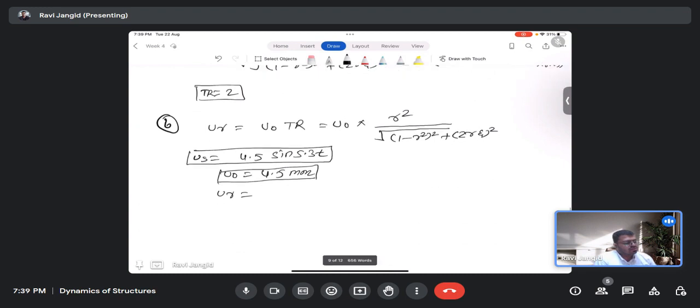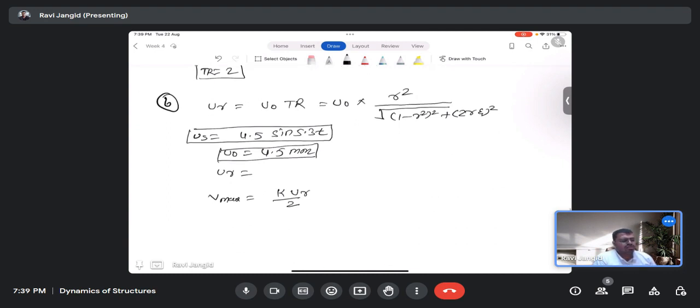After finding the UR, you need to find the stress in the column. First find the shear force in the column. The shear force will be K times the UR for both columns together, as we found in the last class. For a single column, it will be divided by 2, because both columns have the same stiffness.